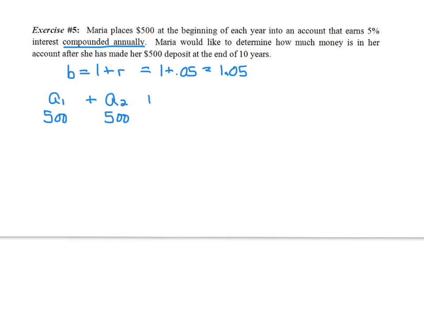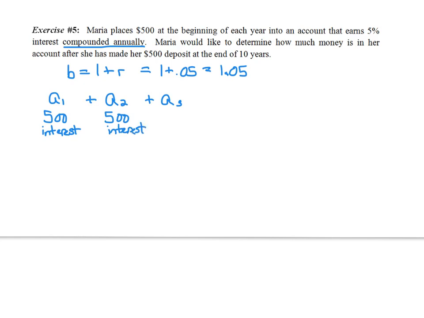So we're going to take a closer look at this problem when we look at this again tomorrow. So we're actually going to say that this one also earned an extra amount of interest. This one earned interest as well as the years keep progressing.